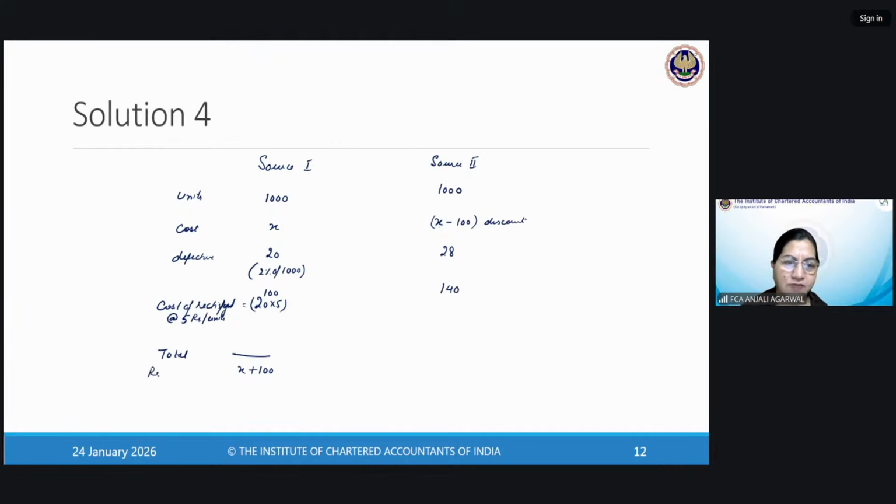Total relevant cost will be X minus 100 plus 140. So the total cost will be X plus 40. Here you have X plus 100 and there you have X plus 40. So source 2 is more economical.